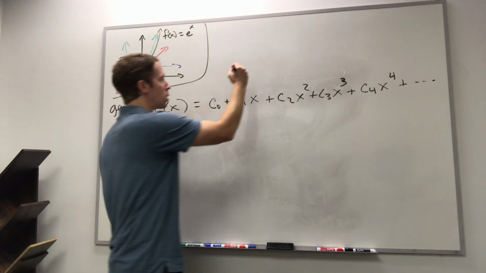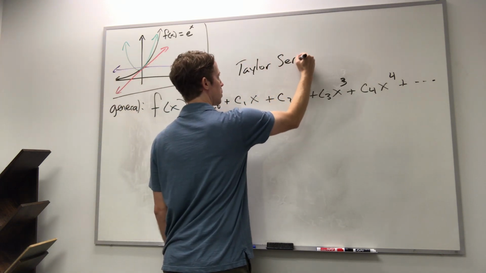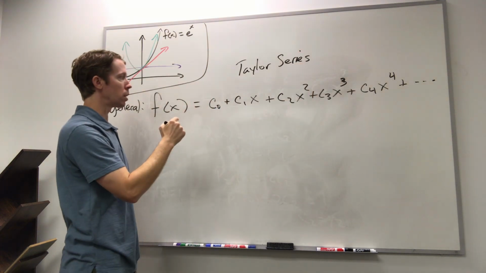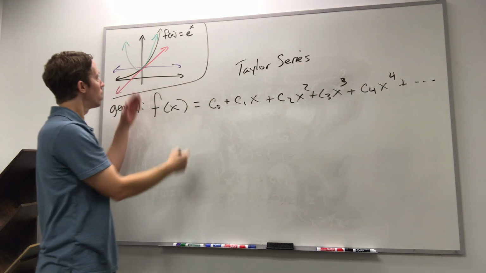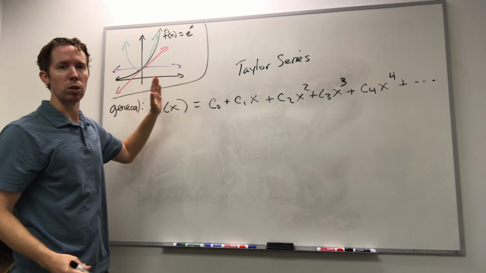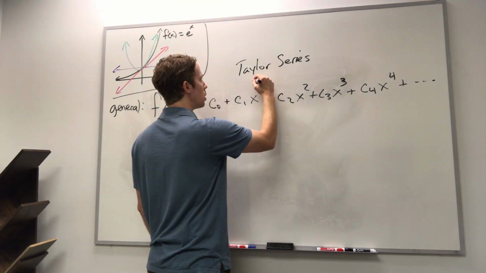So I'm centering this. This is called a Taylor series. And specifically, I'm centering the Taylor series at x equals 0, like I did in this example. You can center it at any x value you want, and I can show you how to do that. It's really simple.